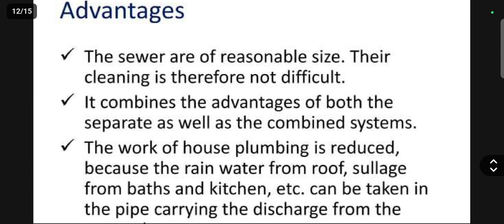Next, see advantages. The sewers are of reasonable size, so their cleaning is not difficult. And the next point is it combines the advantages of both the separate as well as the combined system. Why? Because there is a separate system and also a combined system.